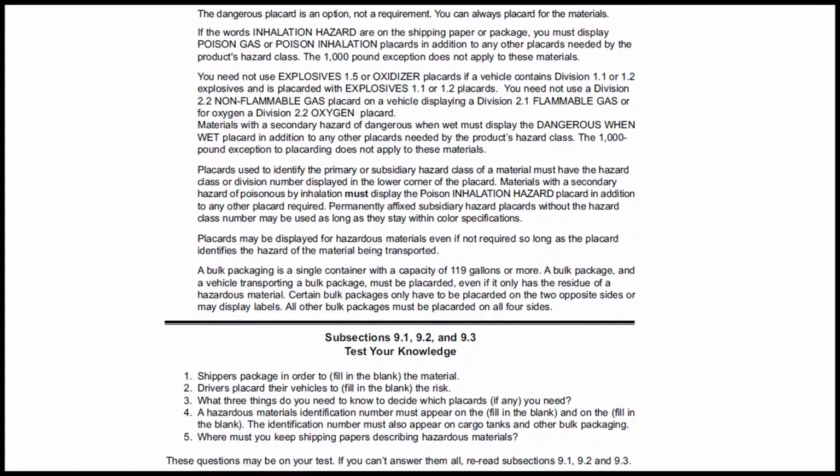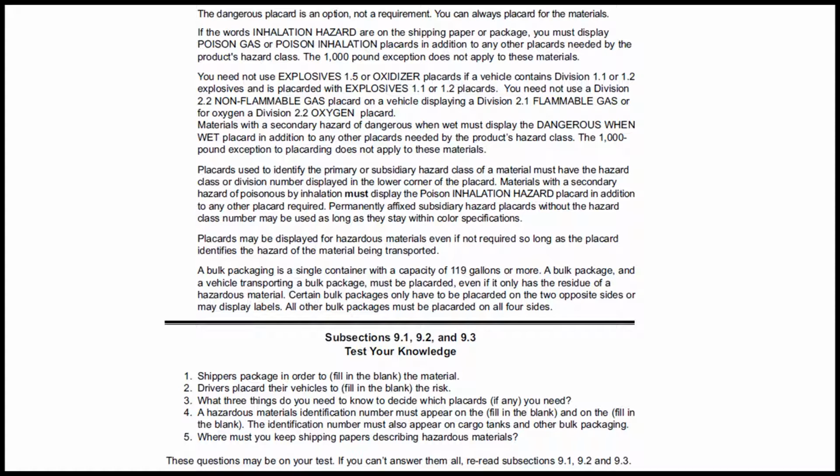Materials with a secondary hazard of dangerous when wet must display the dangerous when wet placard, in addition to any other placards needed by the product's hazard class. The 1,000-pound exception to placarding does not apply to these materials. Placards used to identify the primary or subsidiary hazard class of a material must have the hazard class or division number displayed in the lower corner of the placard.